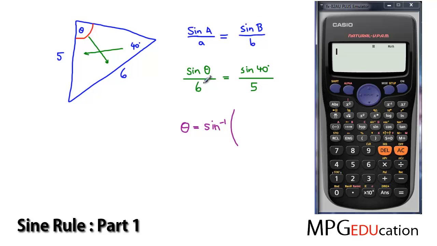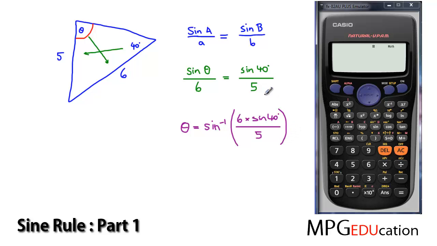Now this 6 here, if you know algebra, when there's a number or a term at the bottom of a fraction, to have it go to the other side of the equation, you'd multiply. So on this side of the equation, we will have 6 times sine 40, and that'll be all divided by 5.